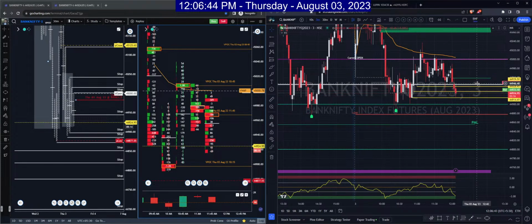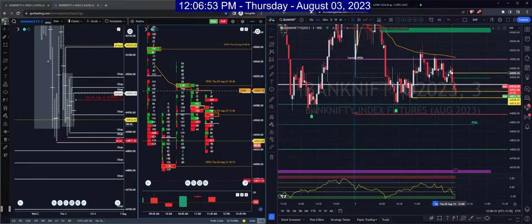Okay, so I'll delete this level, delete this. This, and this is the level where some absorption of supply is seen. Let's see.